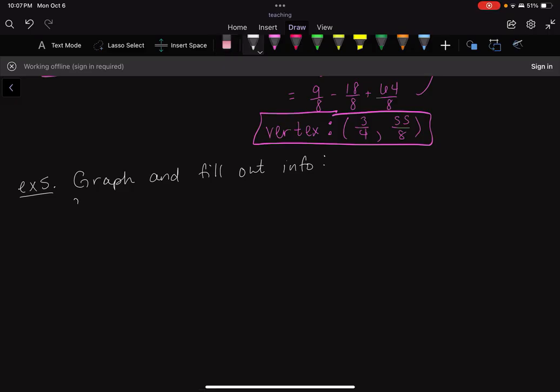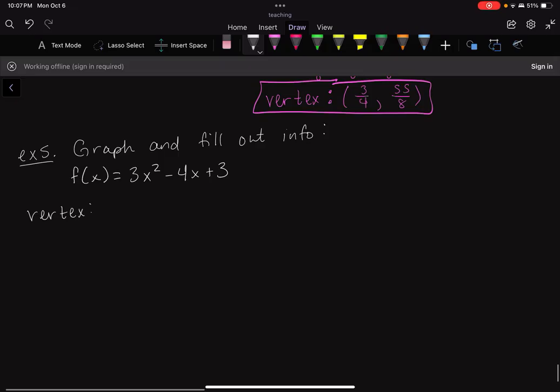We're going to do f of x is equal to 3x squared minus 4x plus 3. And we'll find all the same information as before. It's just now we're going to do it with standard form. So I have my vertex, I'll do my domain, range.